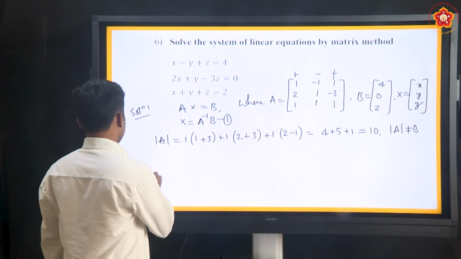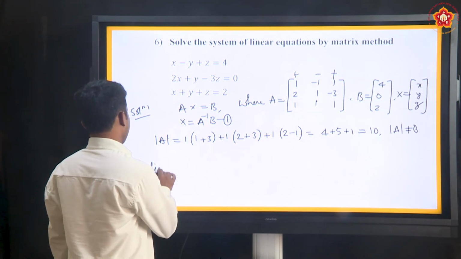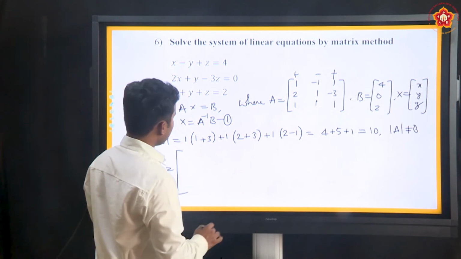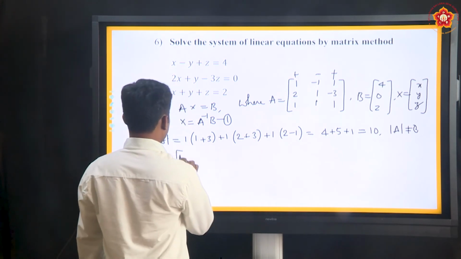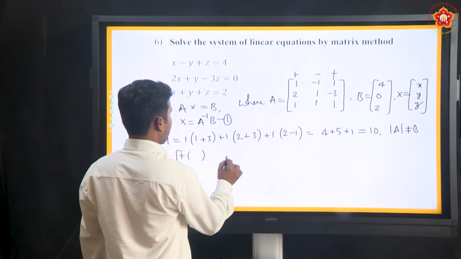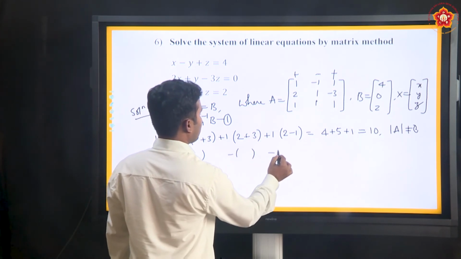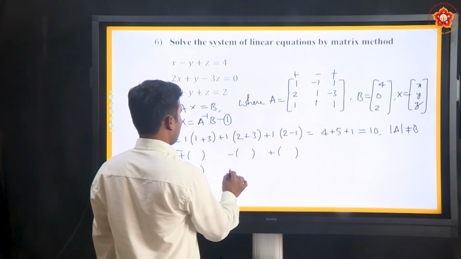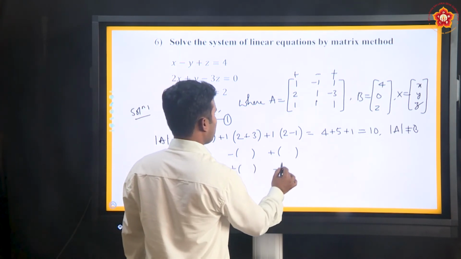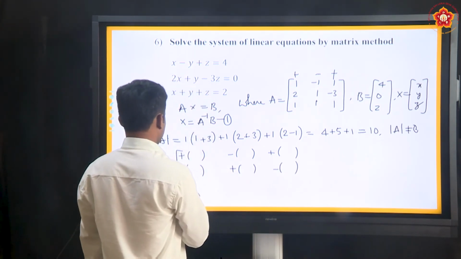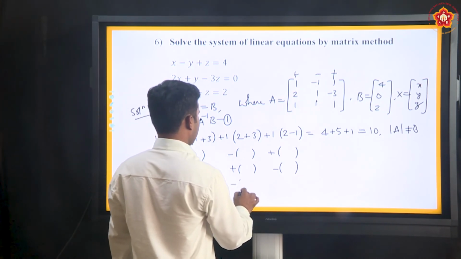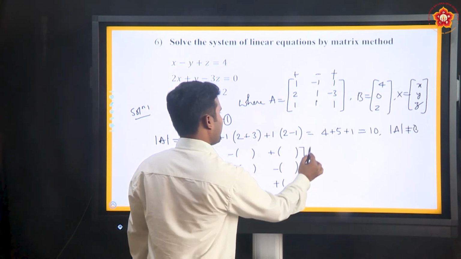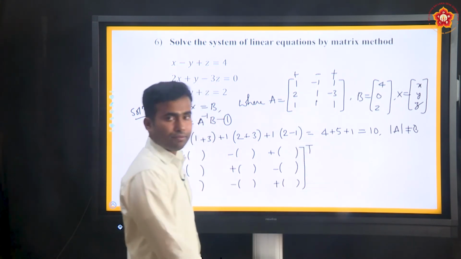If the inverse exists, we have to find the adjoint of A. How we can find the adjoint of A is, so first what you can do is write down plus minus plus minus plus minus plus minus plus and take the transpose.